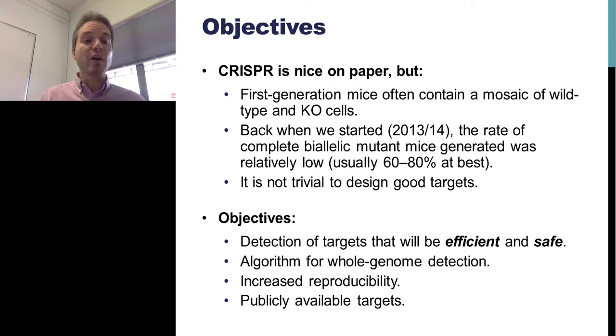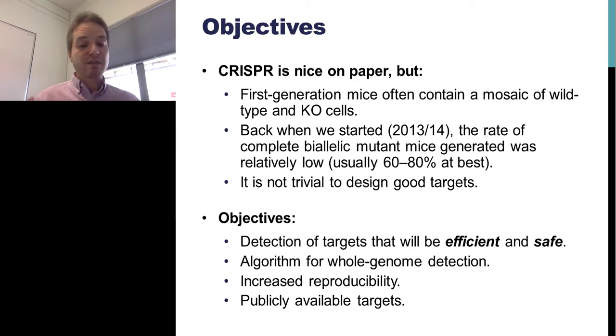And on paper, it is very nice, but what we found back when we started about 5 years ago was that in the first generation, the mice that we were looking at contained a mosaic of wild type and knockout cells. And the rate of complete biallelic knockout was relatively low. It was around 60 to 80% at best.